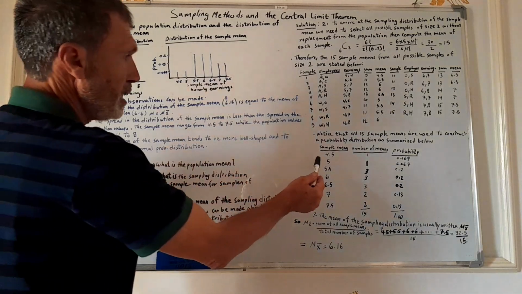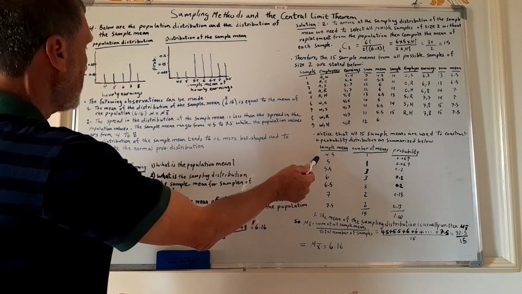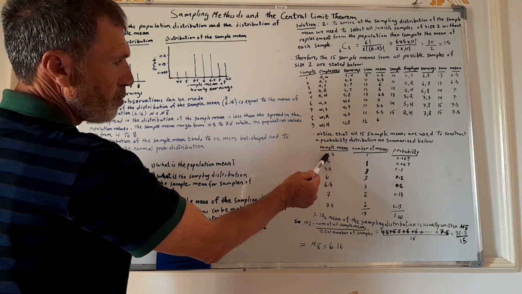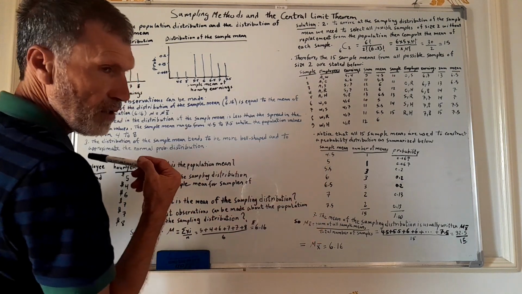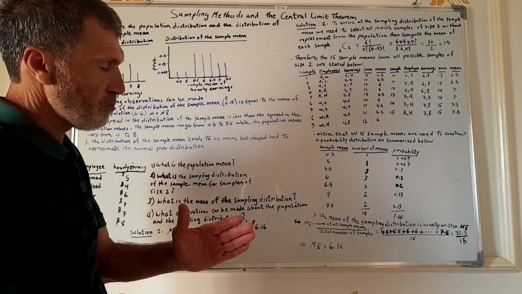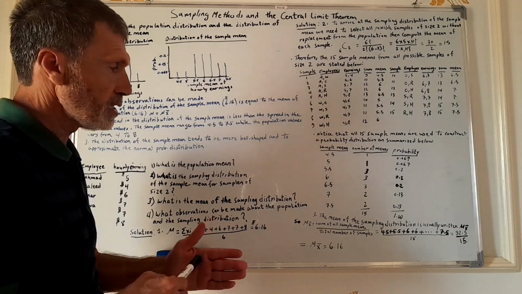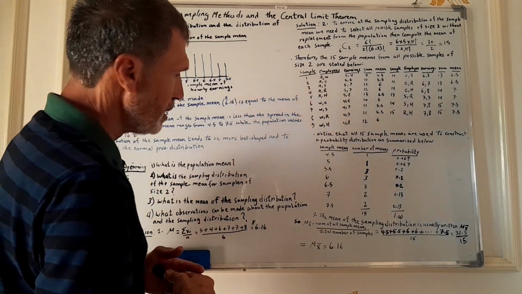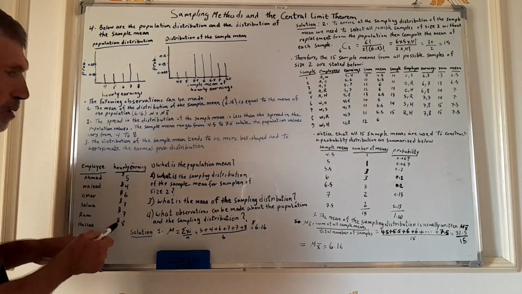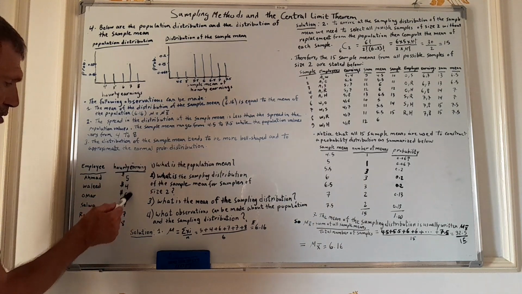As you can see, the spread in the sample mean ranges from 4.5 to 7.5. So the spread is, subtract 7.5, the highest, minus the lowest, we come up with 3. Now, what about the population? The spread in the population ranges from 4 to 8.